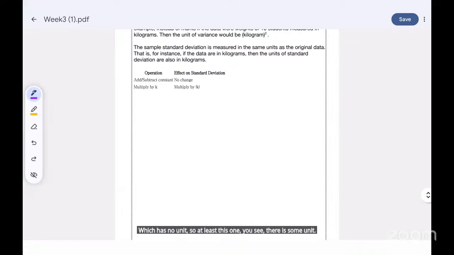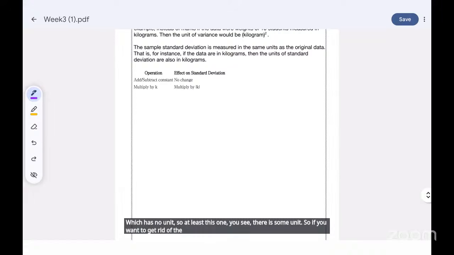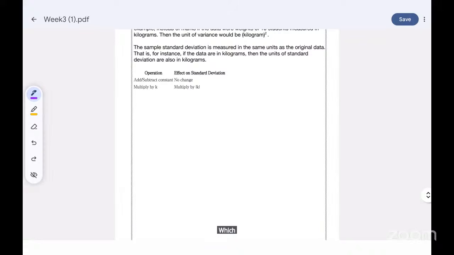If you want to get rid of the units completely, what is that measure of dispersion? There is one measure of variation which has no units, and it has a specific purpose also.